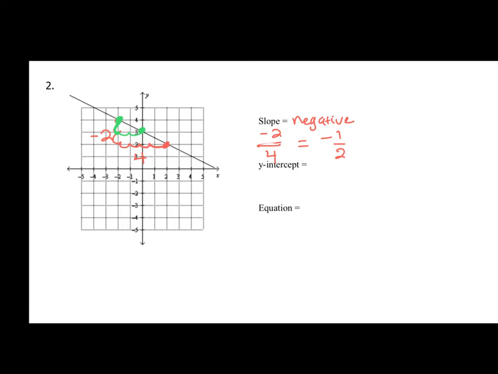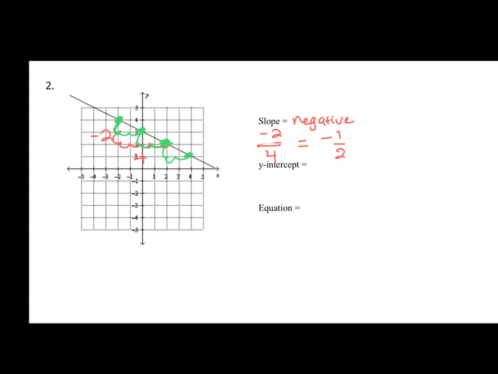Now, if I counted down 1, and over 2 again, that brings me to another point on the graph. If I count down 1 and over 2 again, I get to another point on the graph. So this is simply telling me that from any point that I cross evenly, I count down 1 and over 2.